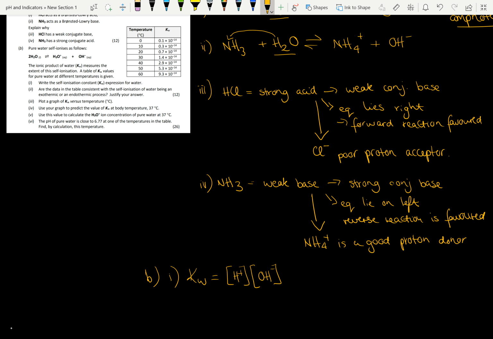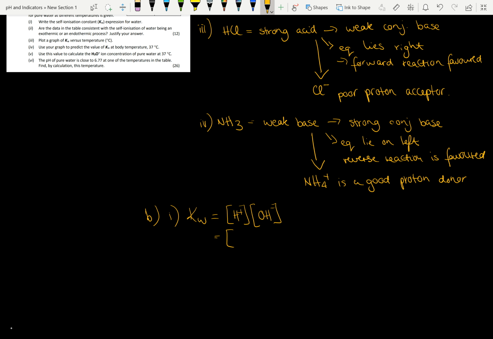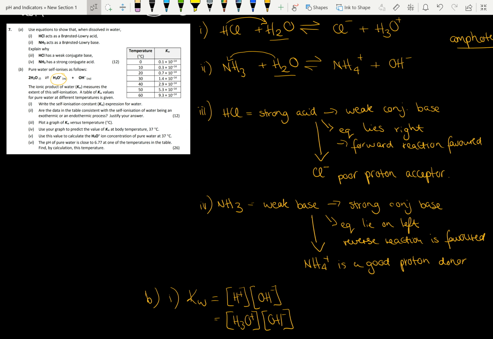But if you notice in this equation up here, they give us the H3O+. So I might just rewrite that as the H3O+ or the hydronium ion concentration times the hydroxide ion concentration.